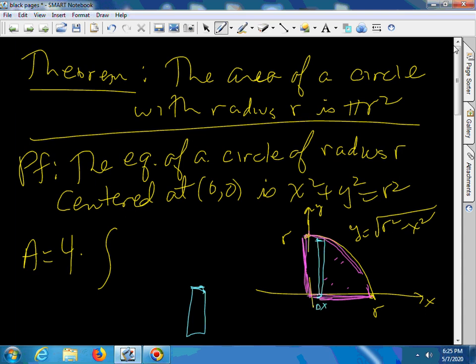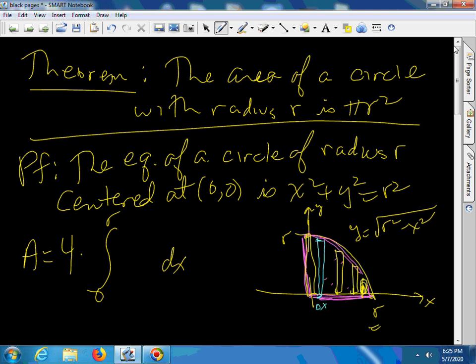Because as delta x gets smaller and smaller, that curve really becomes straight or insignificant in the limit. And if we keep drawing these vertical strips, so those are dx's, we keep drawing them, well, what we see is they start when x is 0, and they finish in this one where x is r.